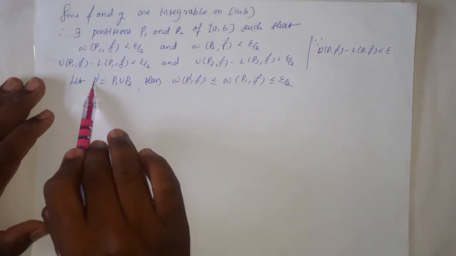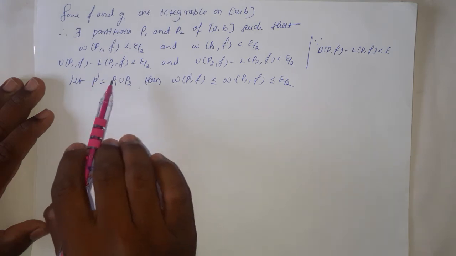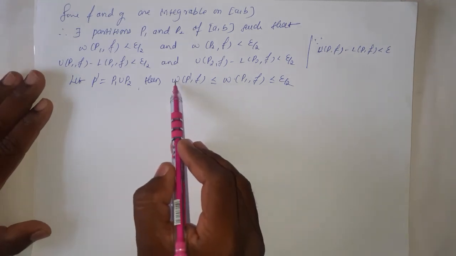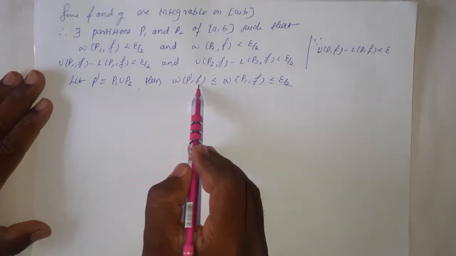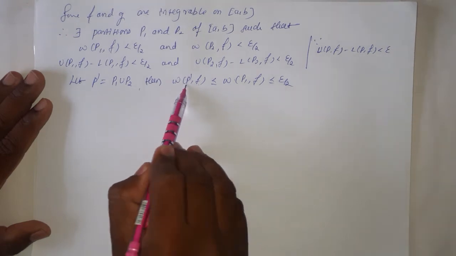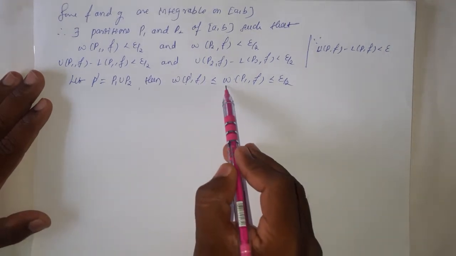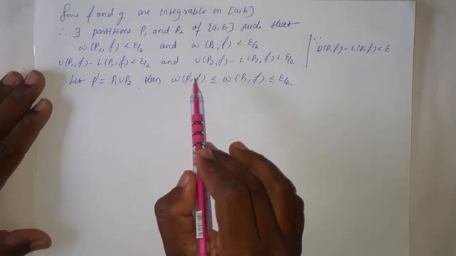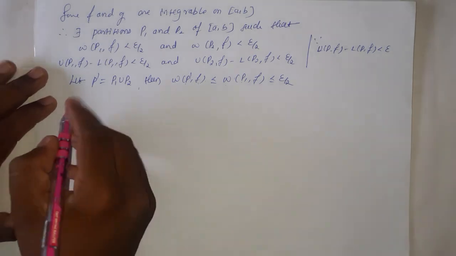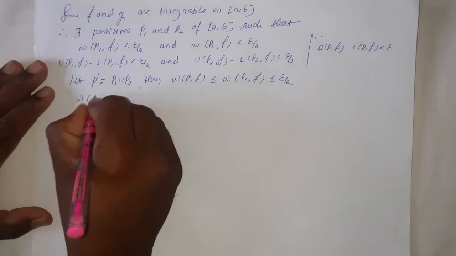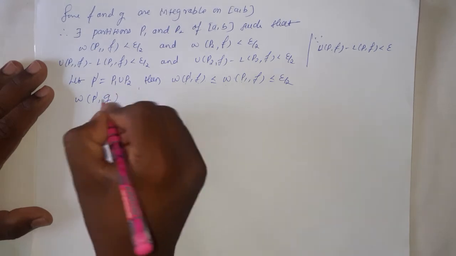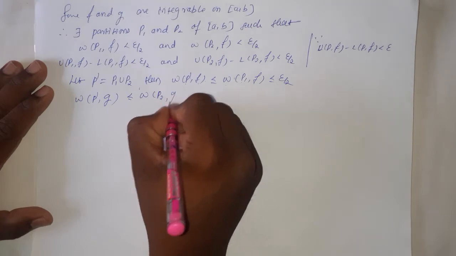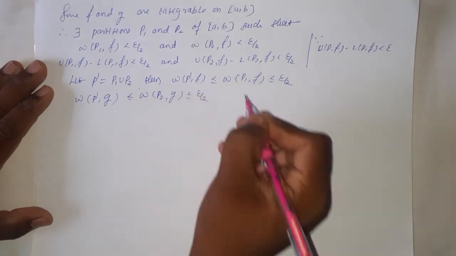So, therefore, p dash is greater than p1 and p dash is greater than p2. So, we can write the oscillatory sum of the function f in the partition p dash is less than or equal to the oscillatory sum of f in the partition p1, since p dash is the refinement of p1. And similarly, we can write that W p dash g for the function g is less than or equal to W p2 g less than or equal to epsilon by 2.